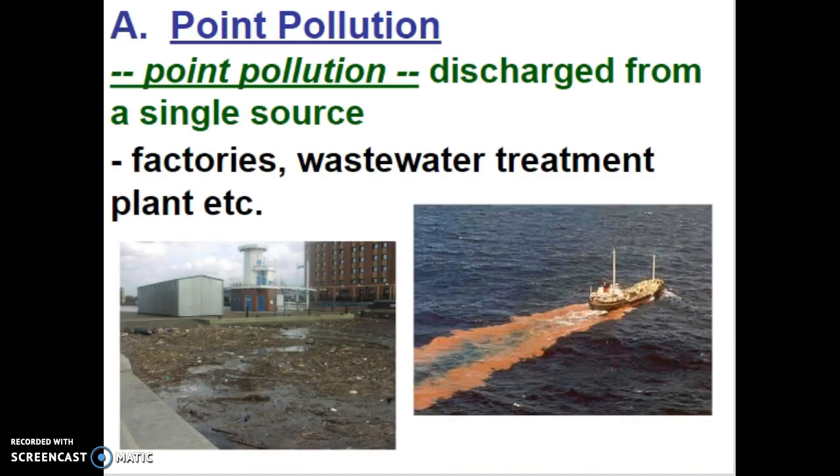So where does all of this stuff come from? There's a couple of different ways that we can look at pollution as far as being introduced into a freshwater ecosystem. Point pollution is where you can identify one single source of where that pollution is coming from. You can identify how it entered the freshwater ecosystem.